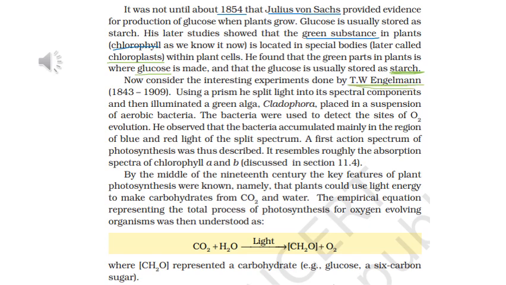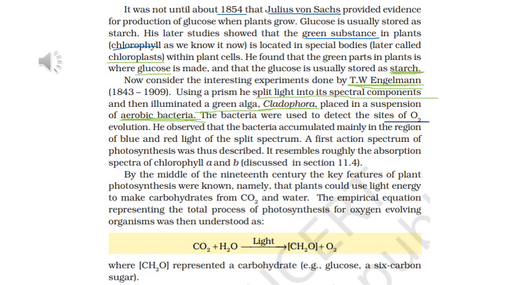Now, consider the interesting experiment done by T.W. Engelmann. Using a prism, he split the light into its spectral components and then illuminated a green alga, Cladophora, placed in a suspension of aerobic bacteria. The bacteria were used to detect the sites of oxygen evolution.